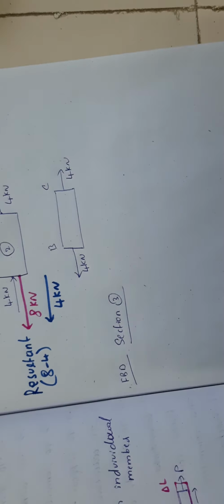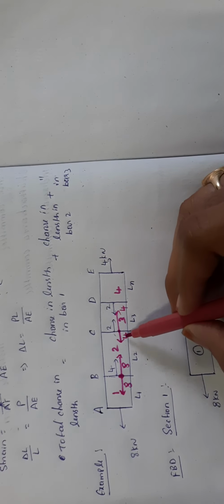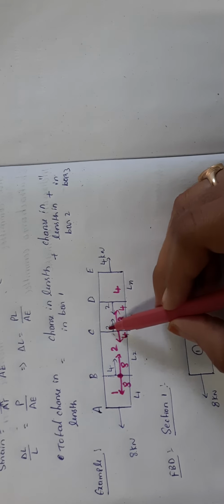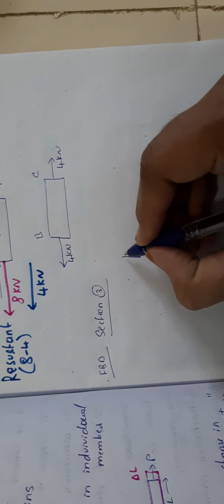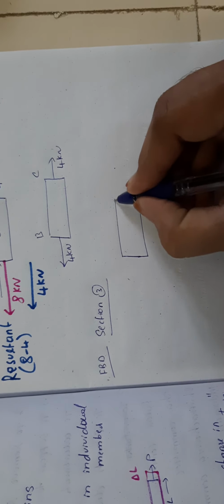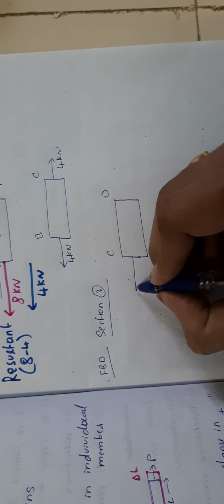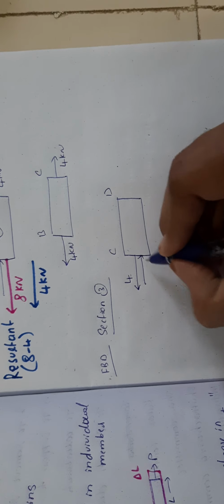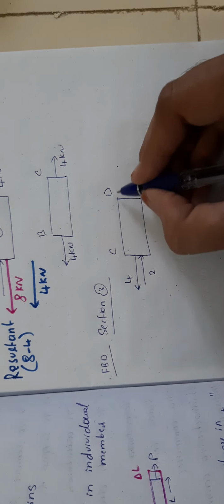Okay, so the remaining forces, when you are drawing the free body diagram, will be 4 kilonewtons and 2 kilonewtons. So there is a 4 kilonewtons and there is a 2 kilonewtons, right? And we'll see later what here it is.